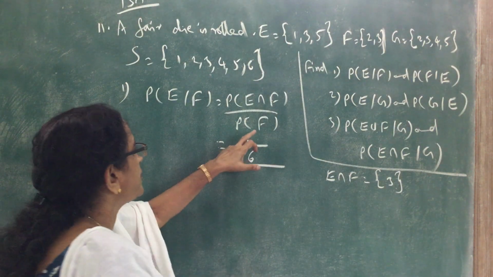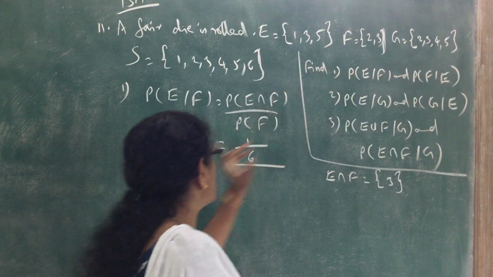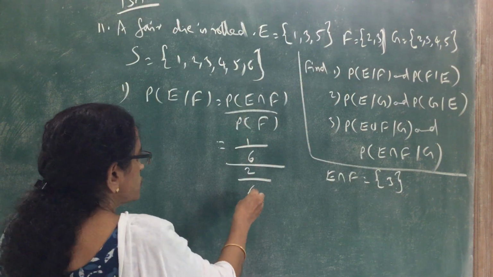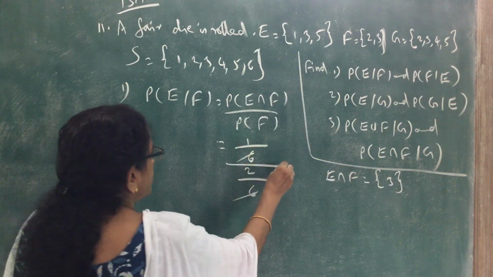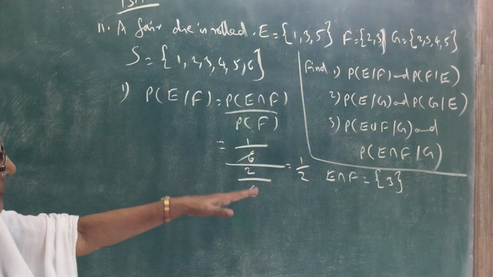Divided by probability of F: the number of elements in F is 2, divided by total sample points 6. So the 6 cancels, and that is equal to 1 by 2. So the first one, probability of E given F, is 1 by 2.